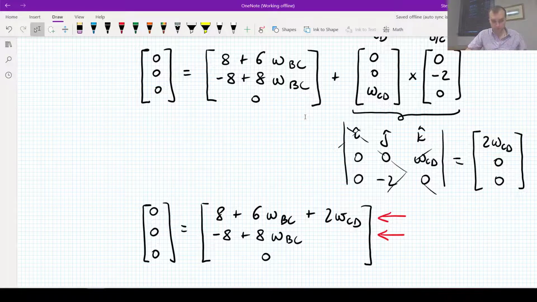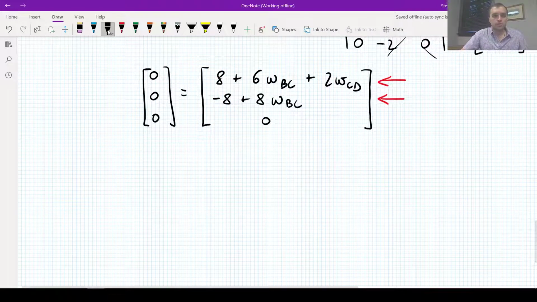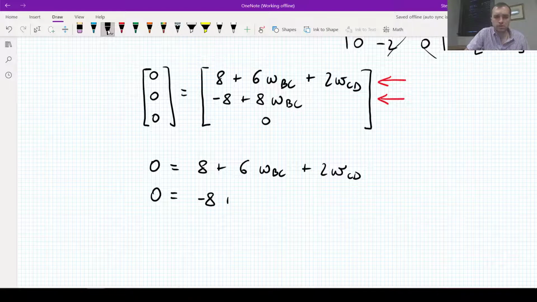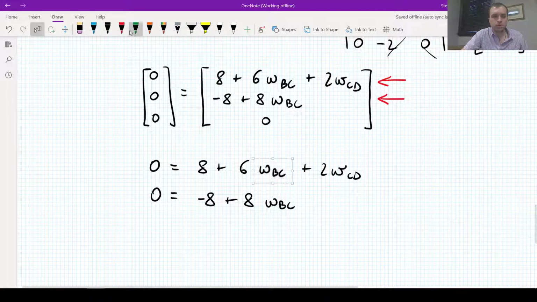Okay, it looks like everything is fine. So we have 0 is equal to 8 plus 6 omega BC plus 2 omega CD, and 0 is equal to minus 8 plus 8 omega BC. You can clearly see that we have 2 unknowns in here, because this is an unknown and this is an unknown.